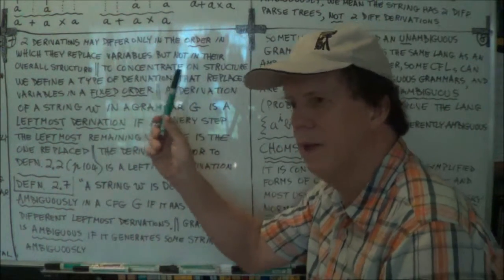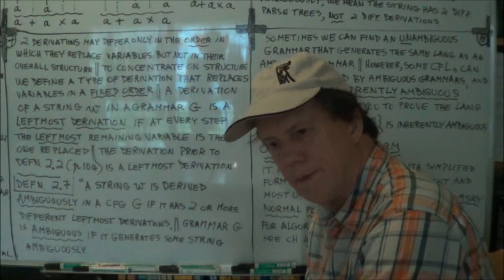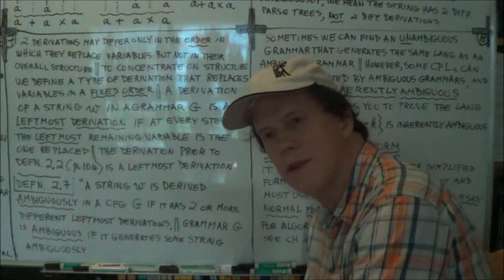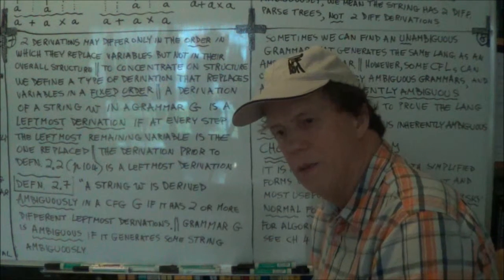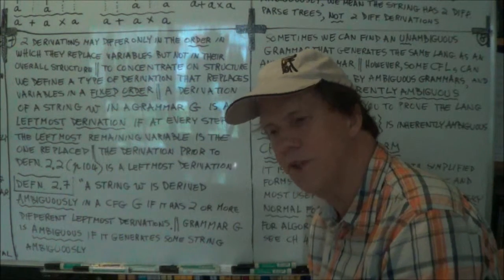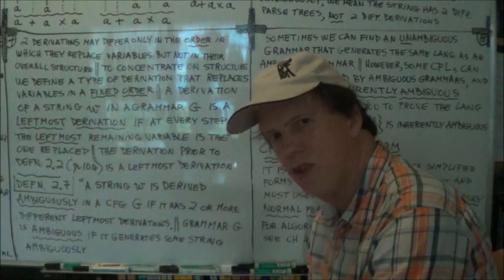So there's a new convention that you can use, and it's called leftmost derivation. You can probably guess what its meaning is. You have a convention that you scan, you look across the string.